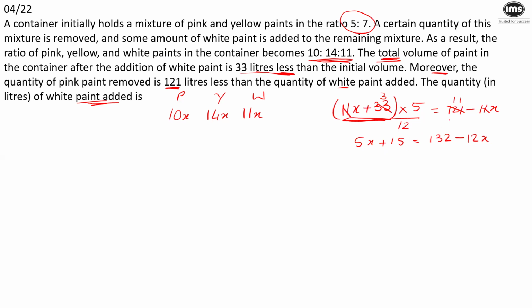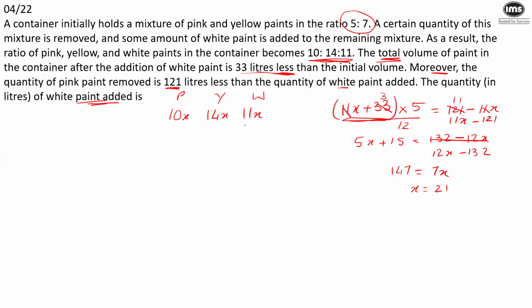Sorry, I think I made a mistake. This should have been 11x minus 121, which will give us 12x minus 132. So this gives us 7x is equal to 132 plus 15, 147, and that gives us x is equal to 21.